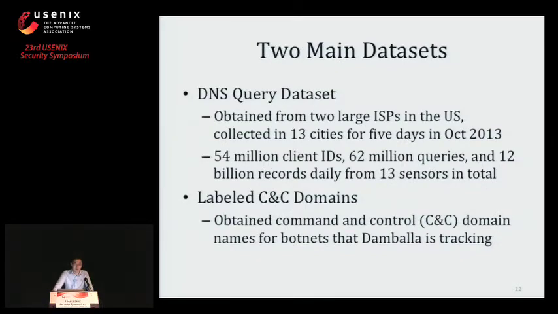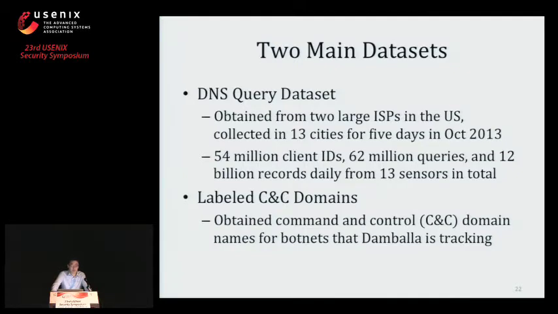The first dataset is a DNS query dataset. We obtained this dataset from two large ISPs in the United States. The dataset contains more than 50 million client IDs. A client ID is a unique hash of an IP address. We got the data for 5 days in October 2013.